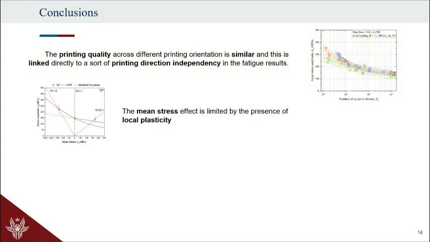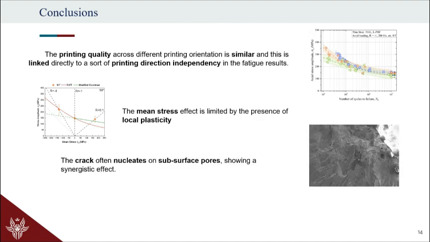But at the same time, of course, we need to take into account the mean stress effect, even if with this specific material we have an influence of local plasticity able to limit the criticality of tensile behavior. And in terms of fractographic surface, the crack nucleates from a subsurface pore and then grows till the complete failure of the component.